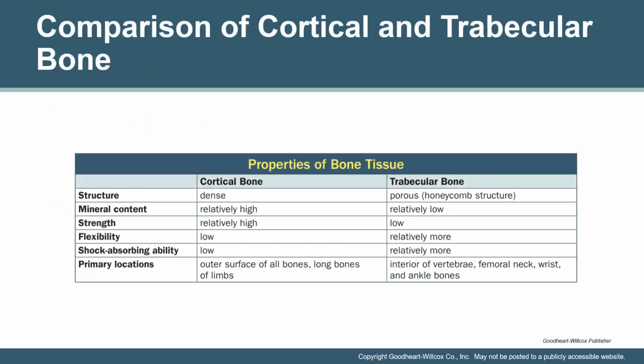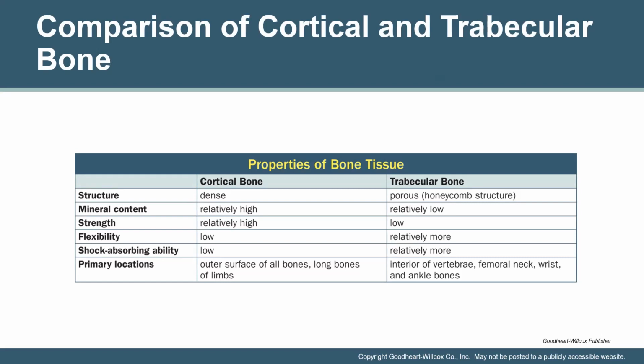So if we want to compare cortical bone to trabecular bone, this is a very nice chart that I have up on the screen, but it's also in your book on page 123. Cortical bone, again, is compact bone, so it's dense. Its mineral content will be higher. That is going to deliver a higher level of strength and resistance to compression.